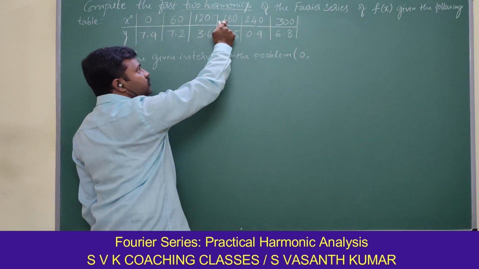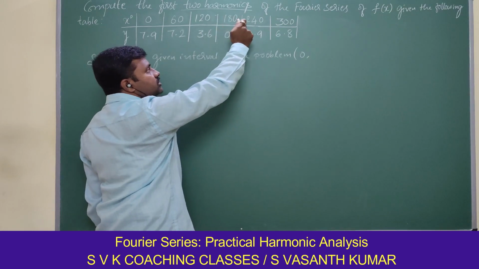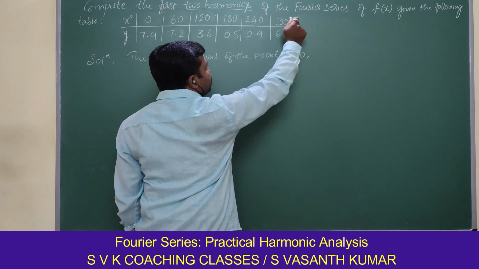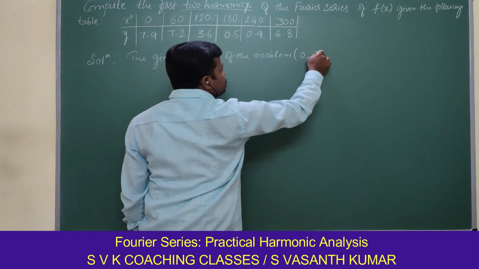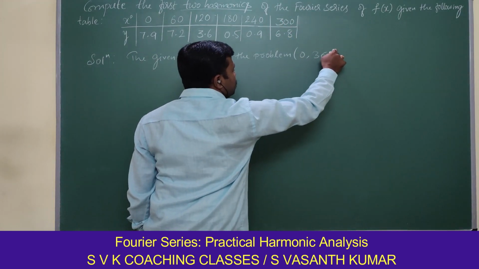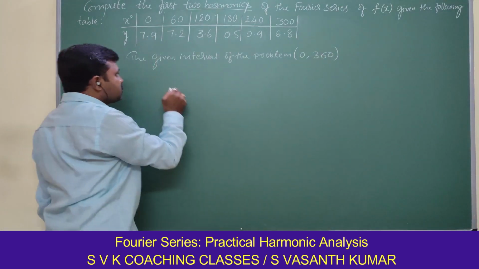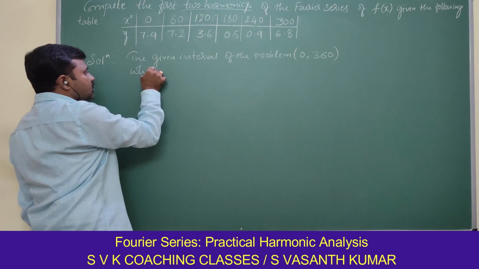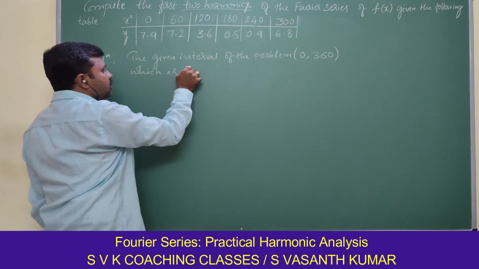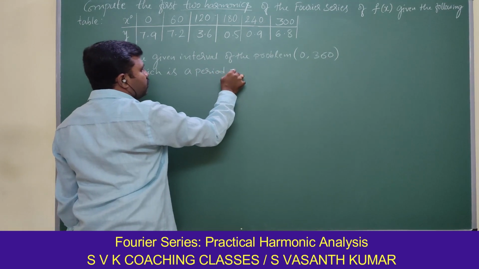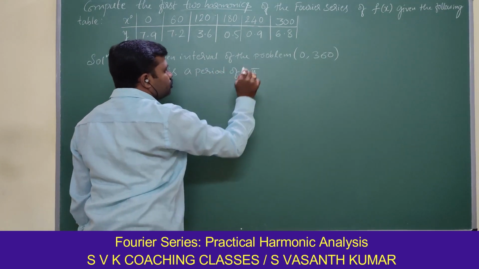Similarly, the difference between 120 and 180 is 60. Finally, 300 plus 60 means 360. Therefore, the given interval is 0 to 360, which is a period of 2 pi.